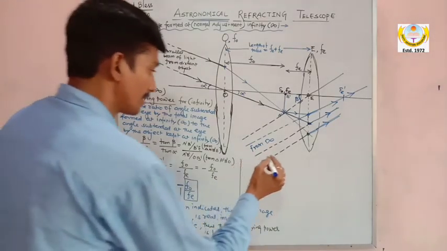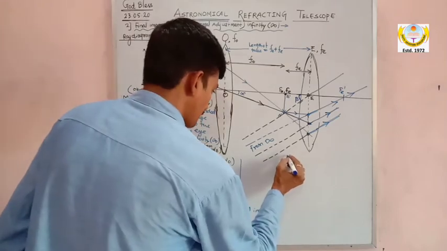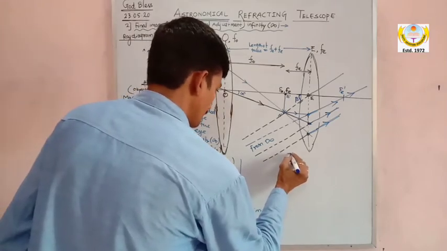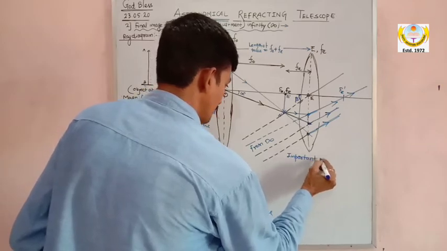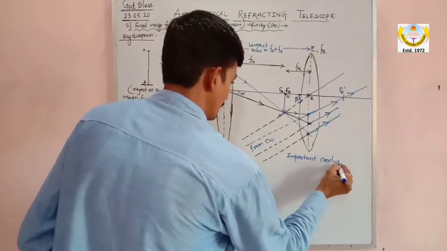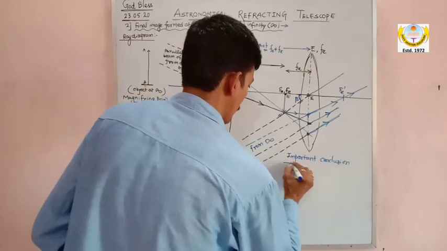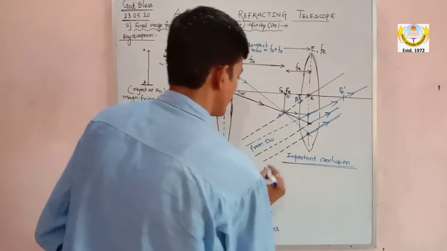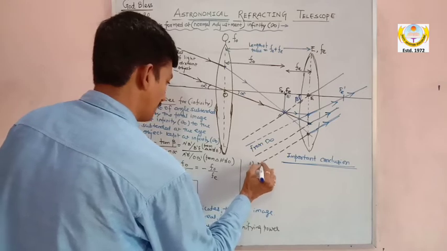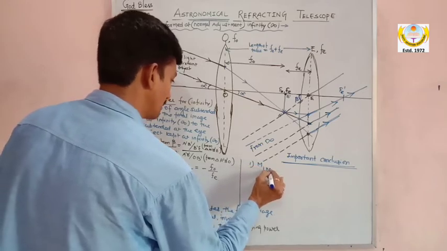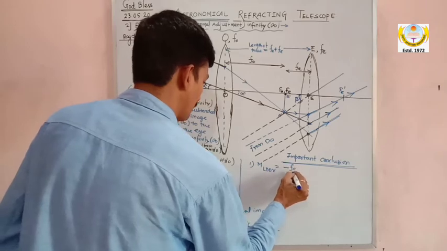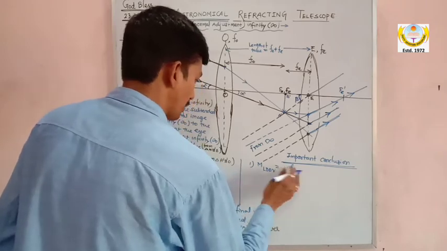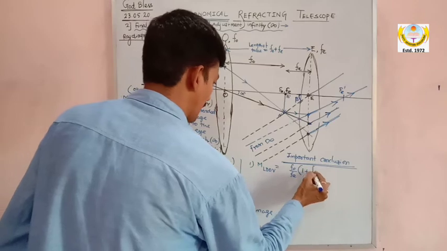So here are some important conclusions. First, the magnifying power at LDDB is minus FO upon FE, into 1 plus FE by D.